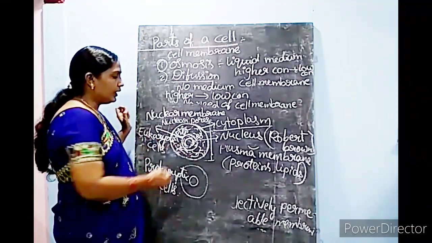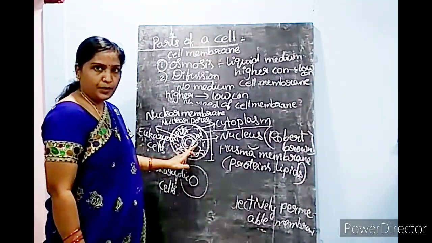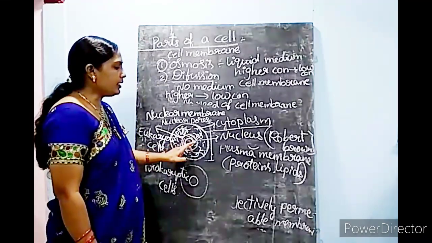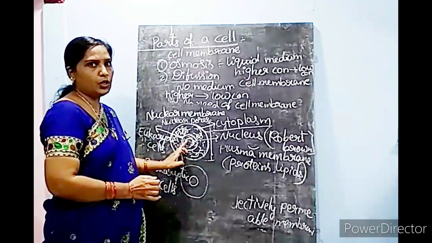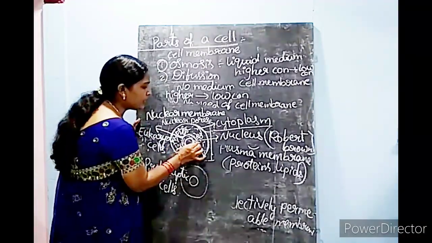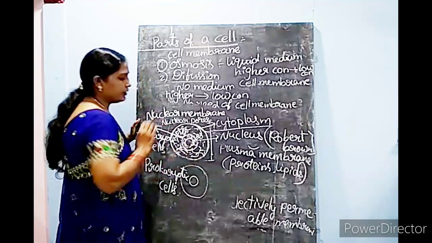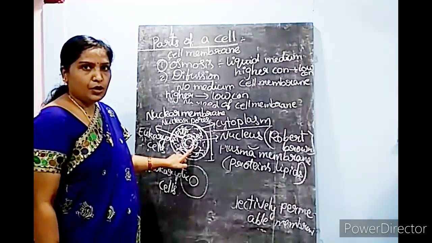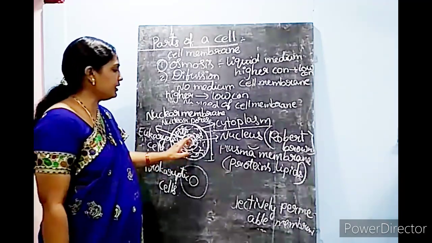And now, the centrally located nucleus, the nucleus surrounded by a nuclear membrane. The nuclear membrane helps to separate the cytoplasm and the nucleus. Between this nucleus and the nuclear membrane, the liquid present is known as nucleoplasm. Don't get confused, children.